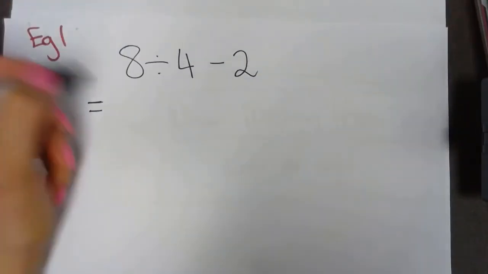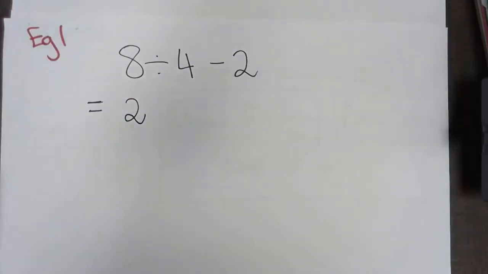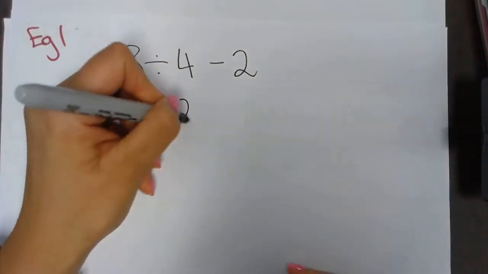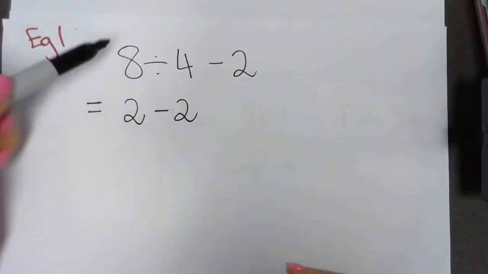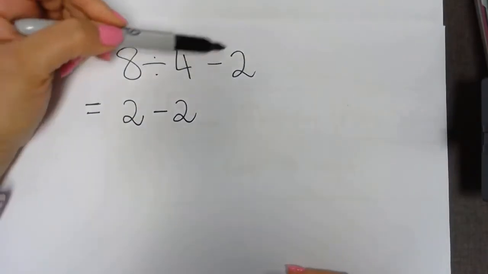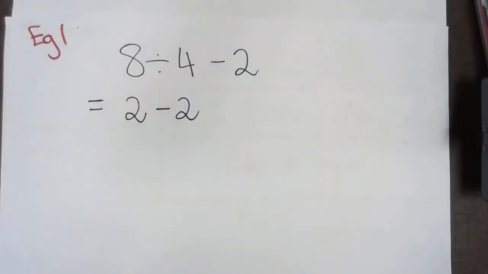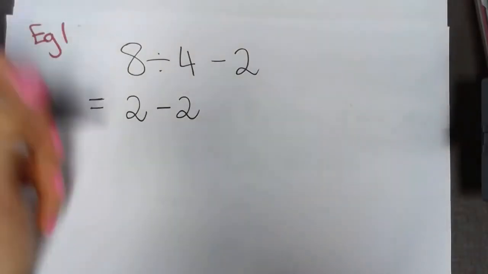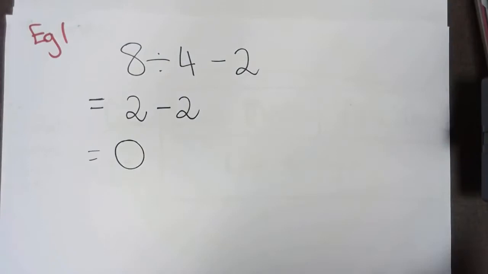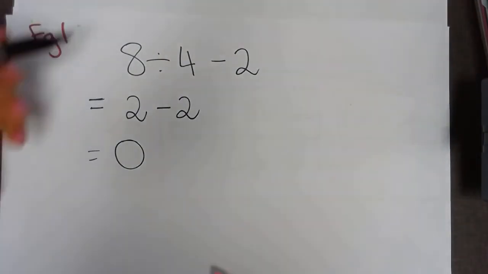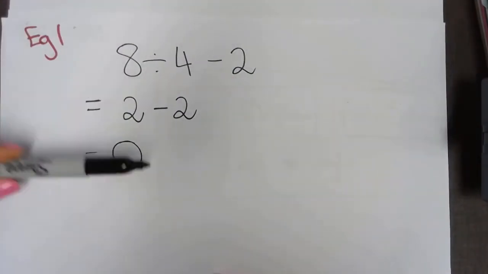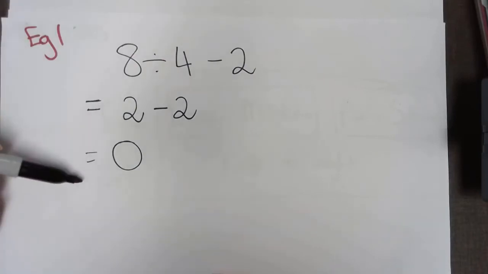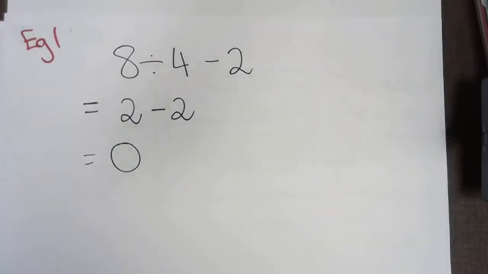So 8 divided by 4 is 2, and we work one step at a time. So we've worked out the division, we write the answer there, then we carry down everything else. We don't just do everything in our heads, okay? So 8 divided by 4 is 2. Take 2 is going to equal 0 in this example, okay? That way I can see every step of your communication, equal signs lining up, and you have it all there.